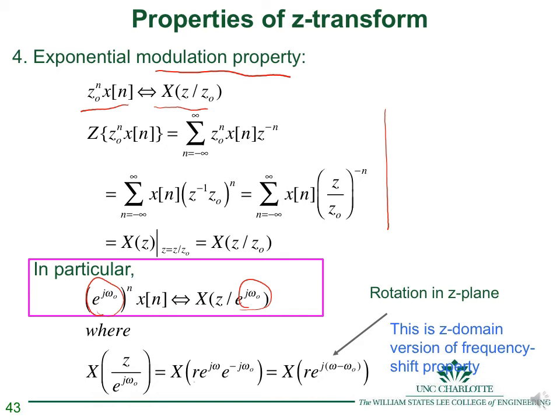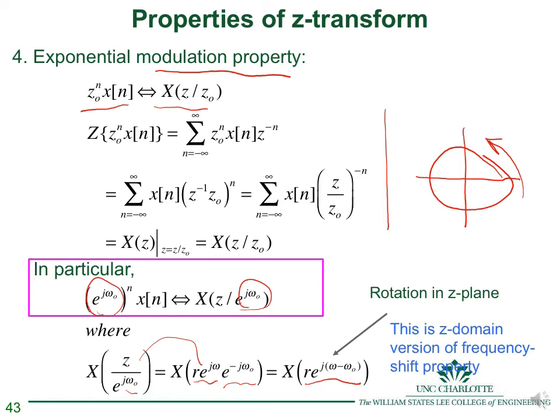Finally I can merge the exponents and it becomes r e to the j omega minus omega 0. What that means is that the Z transform becomes rotated in the Z plane. So the entire Z transform becomes rotated by omega 0 in the Z plane.